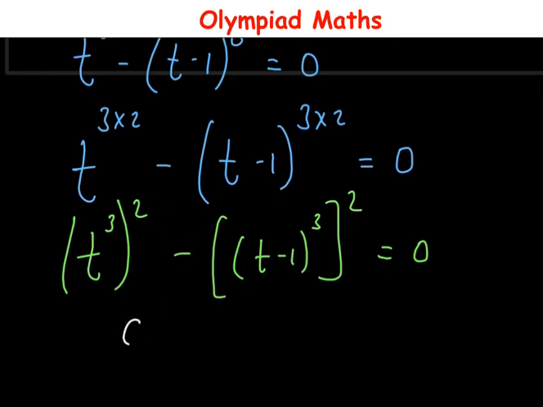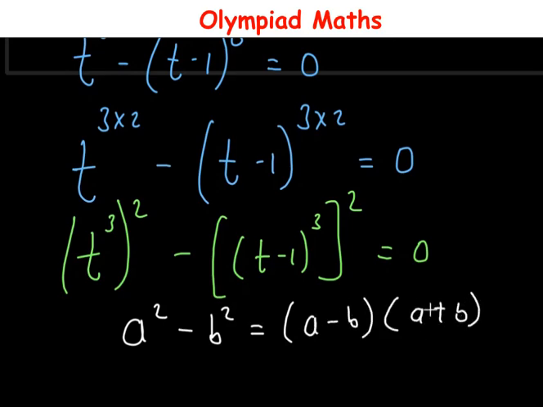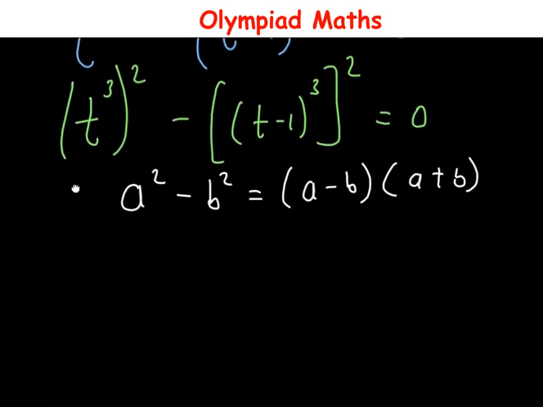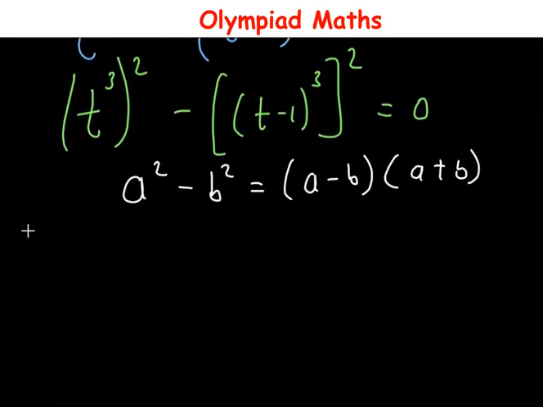So if you have a^2 − b^2, this is equal to (a − b) multiplied by (a + b). In this case, the value of a is t^3, and the value of b is (t − 1)^3.